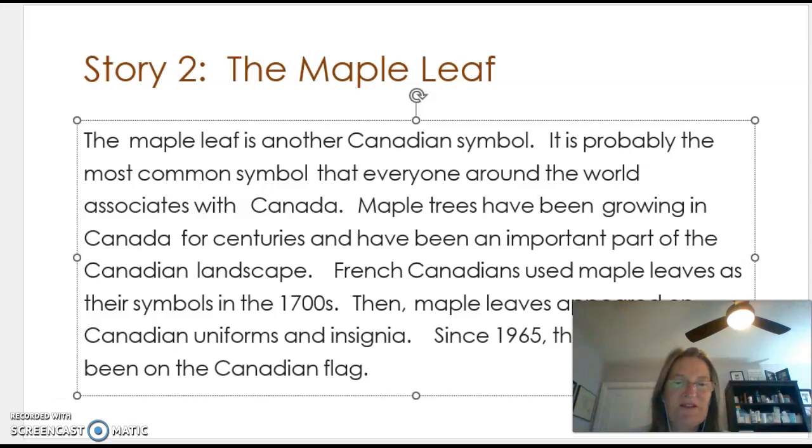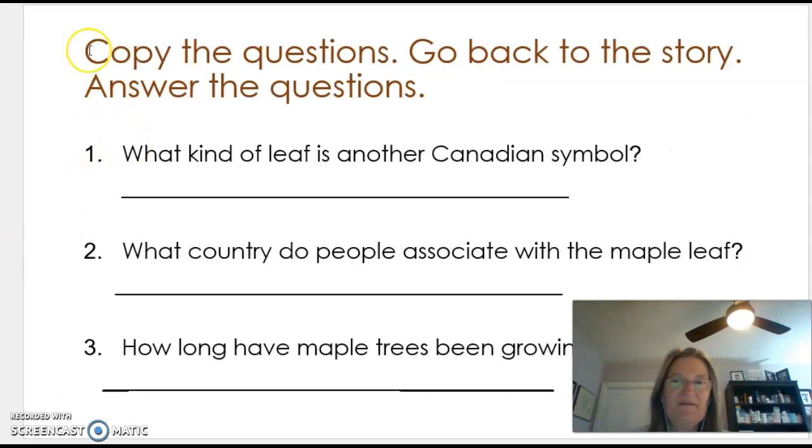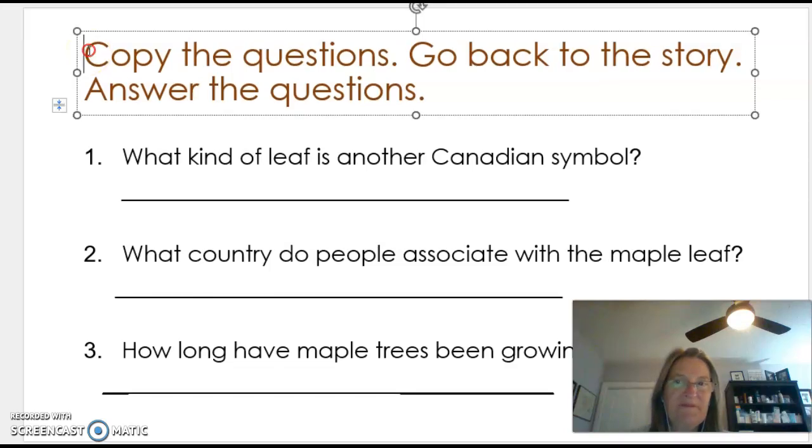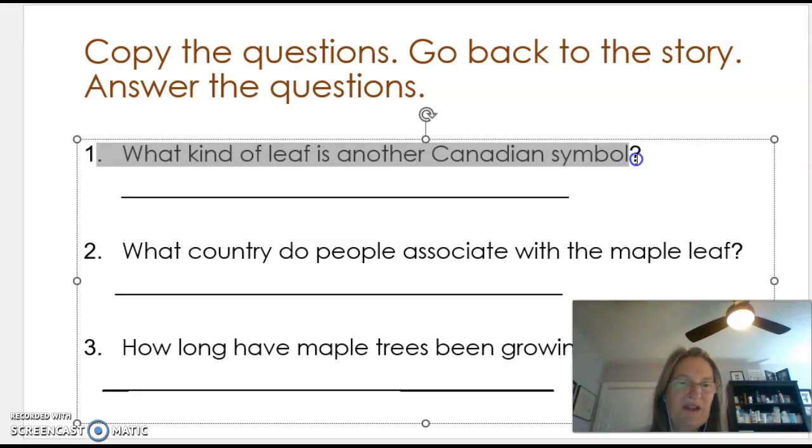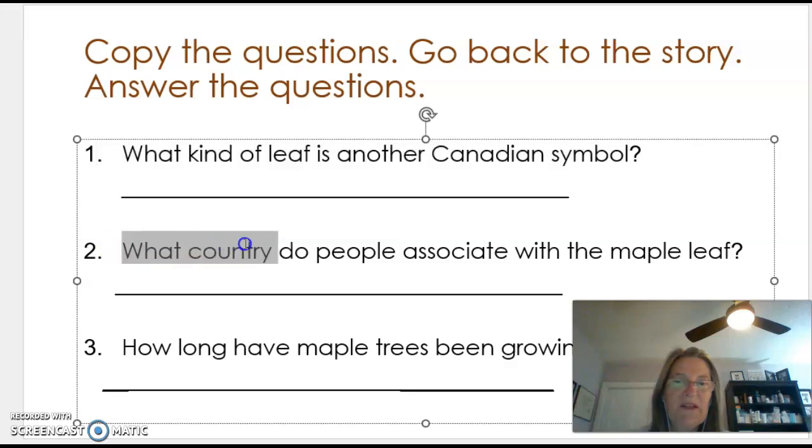The questions are next. Again, copy the story, then copy the questions. If you have the story in your notebook, you can easily look at the story on your page, and then you can answer the questions more easily. Number 1. What kind of leaf is another Canadian symbol, according to the story? What country do people associate with the maple leaf?